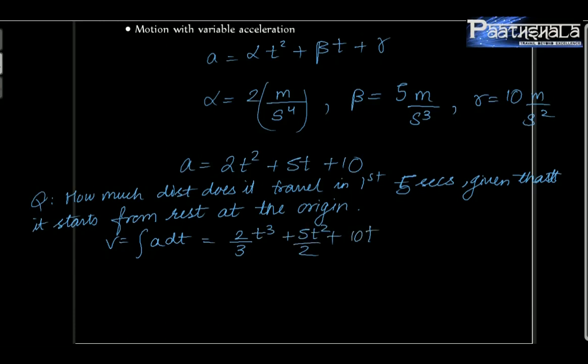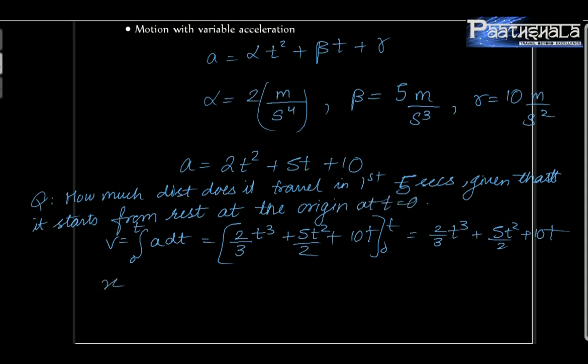Alright. So this is from 0 to t, right? So if you substitute 0 and t, you get the same thing back, 2 by 3 t cube plus 5t square by 2 plus 10t. Because it starts at t is equal to 0, no? At the origin. At t is equal to 0. In the question we have to add that.